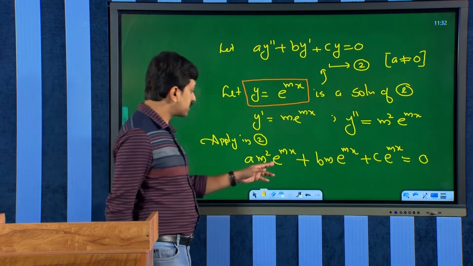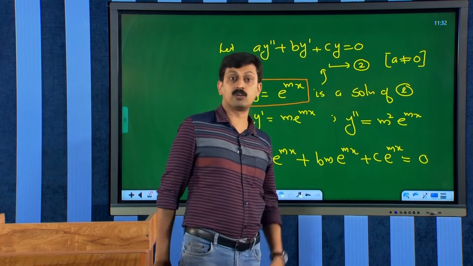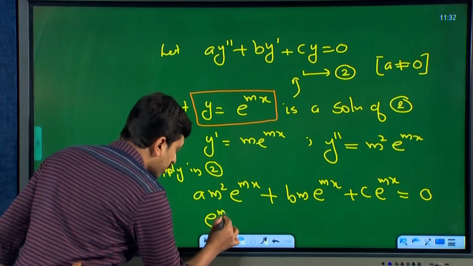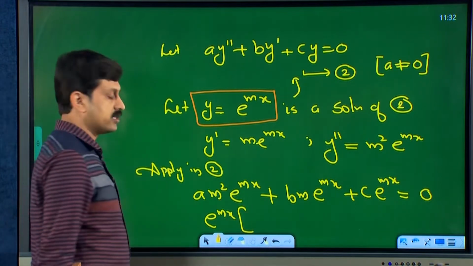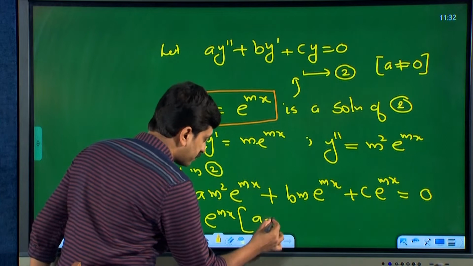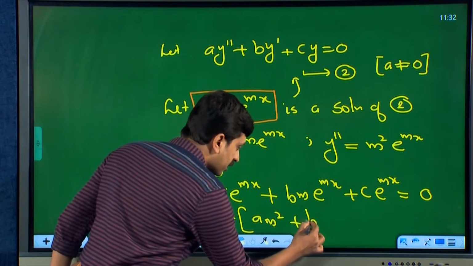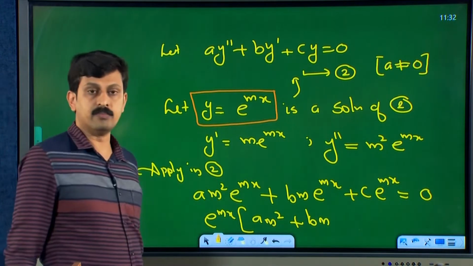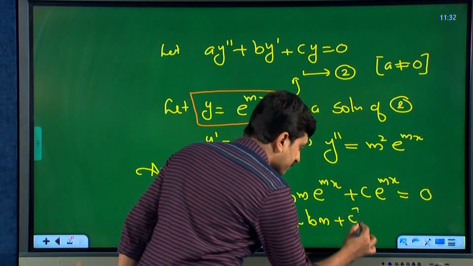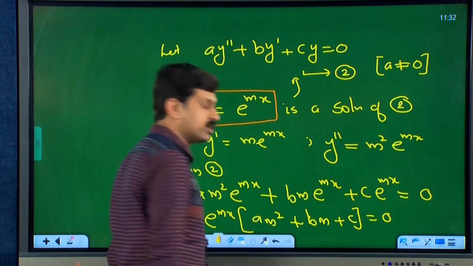My dear students, here e raised to mx is common in all the terms, so we take it outside: e raised to mx into a m square plus b m plus c is equal to 0.